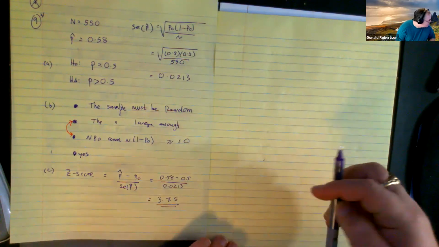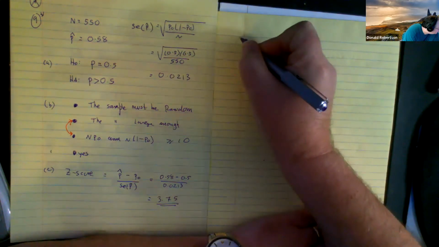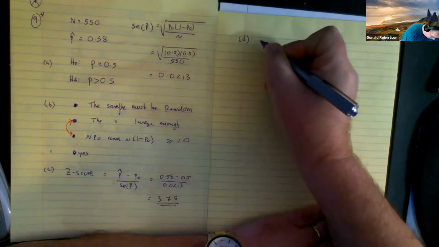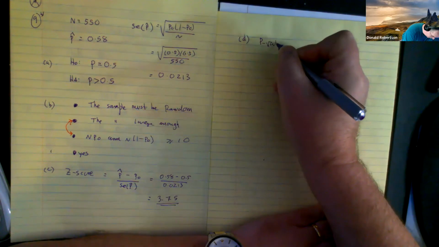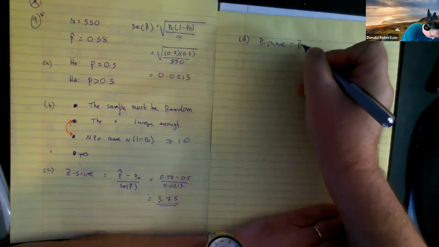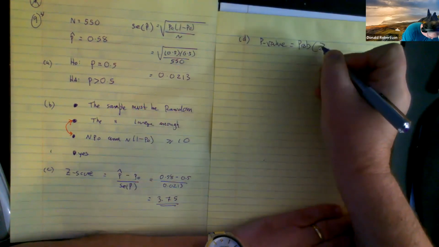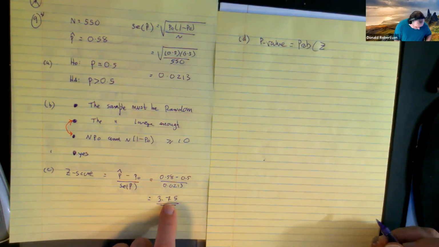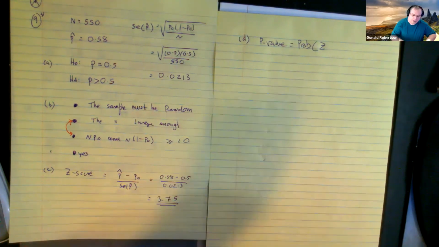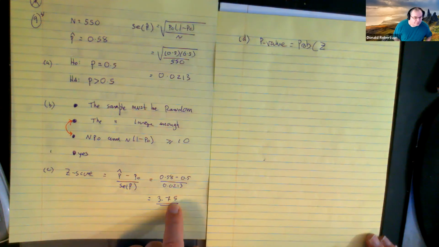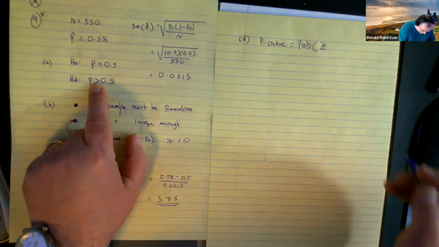So let's take it on to the next stage, because we're kind of going through the whole process now. D, we're going to get the p-value. That's the probability that you get a Z-score bigger, less, or outside 3.75. Well, we're looking for a bigger than.